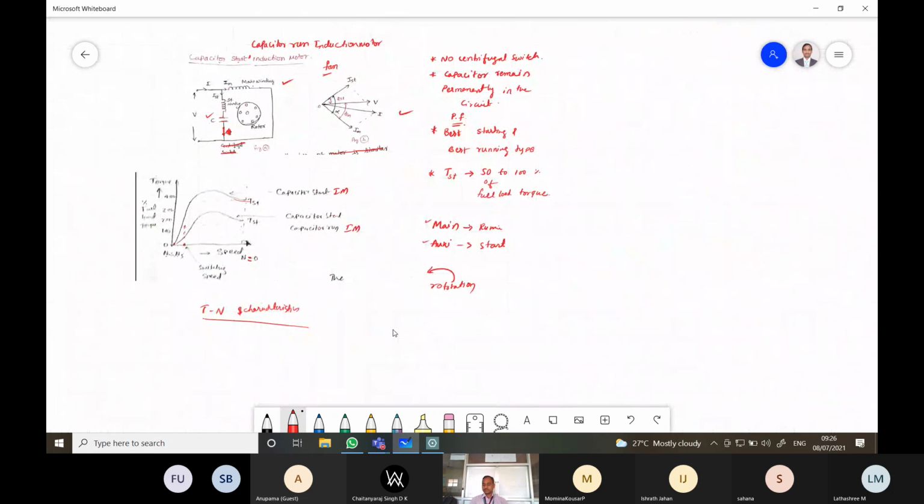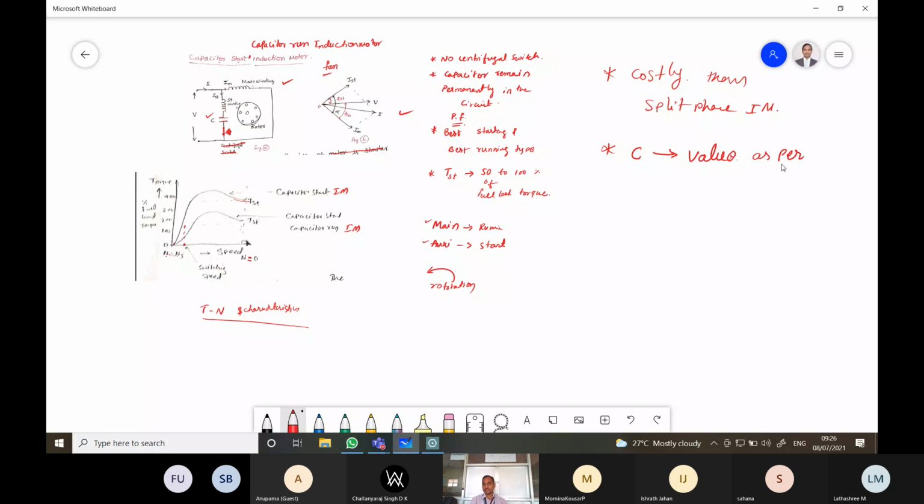Okay, and these motors are costlier than the split phase induction motor. The capacitor C value can be selected as per the requirement.